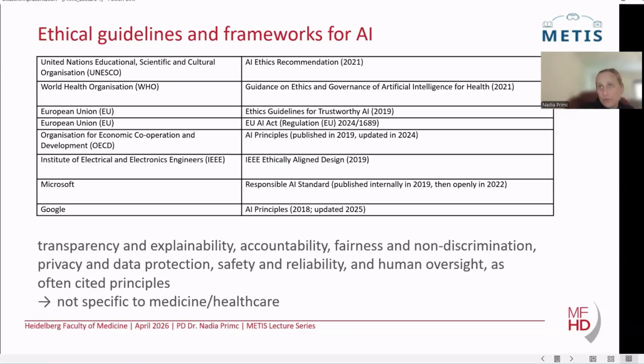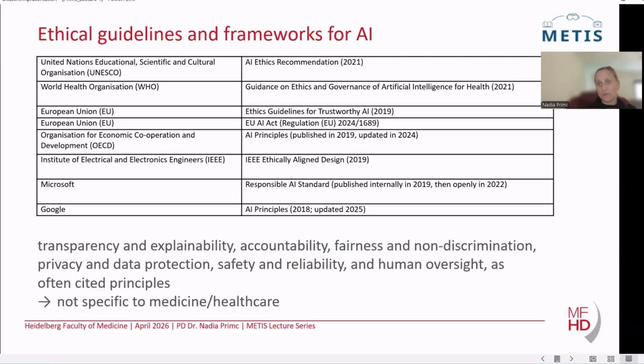For example, the European Commission's ethics guidelines for trustworthy AI, the OECD AI principles, or, more specific for healthcare, the World Health Organization's guidance on AI in health. They all set out requirements that are broadly agreed upon. They call for transparency, explainability, accountability, fairness and non-discrimination, privacy, data protection, safety and reliability, and human oversight.